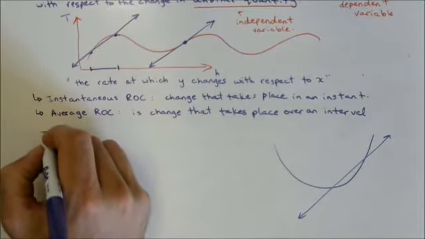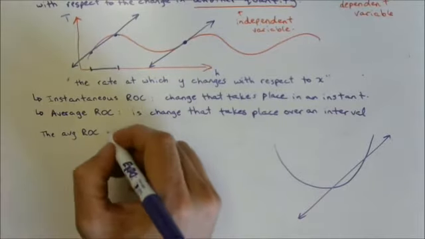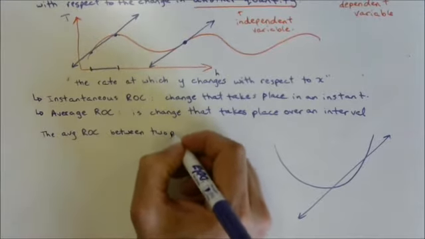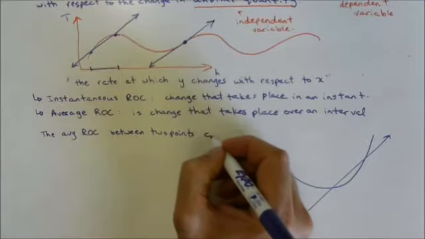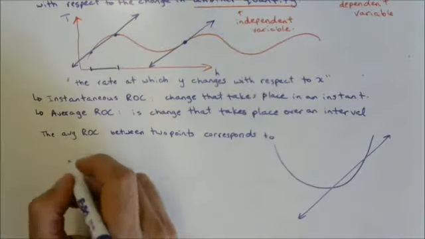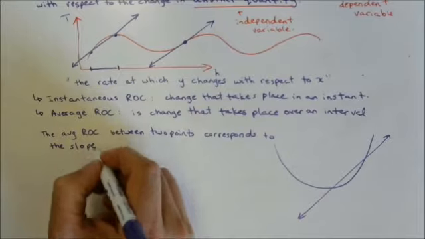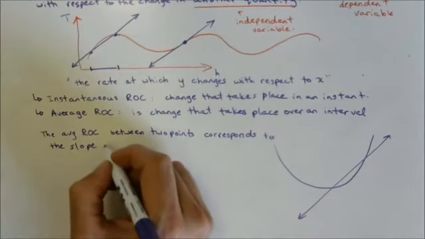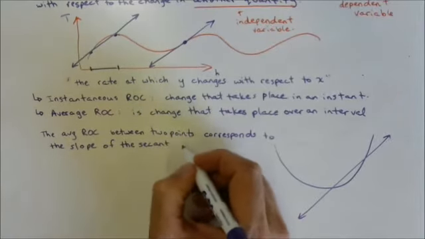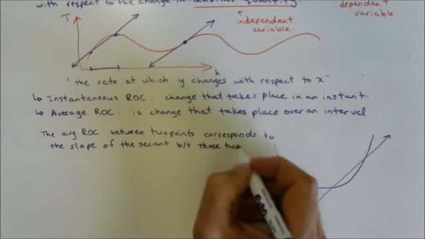The average rate of change, ROC, between 2 points corresponds to the slope of the secant between those 2 points.